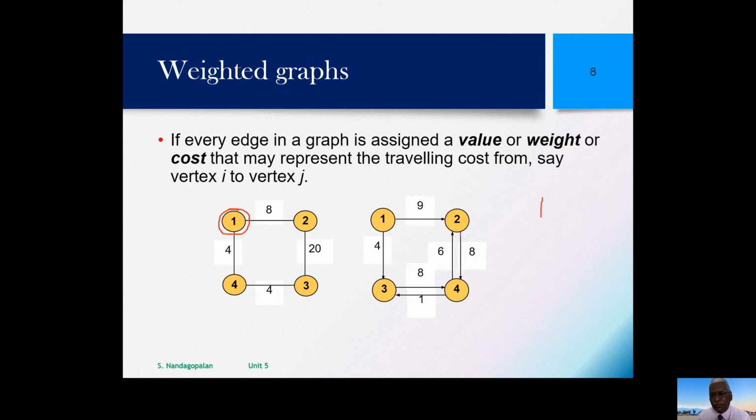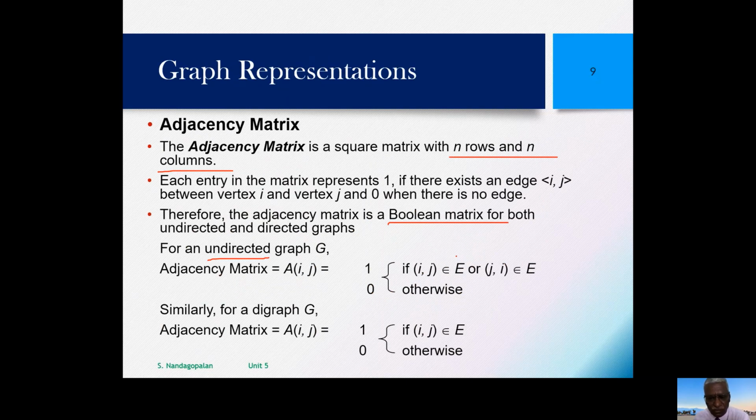Whereas for 2 to 4 and 4 to 2, I can put 1 for both. So if we are asked for the adjacency matrix for a digraph, we need to follow this. We have to be very careful about the directed edges.